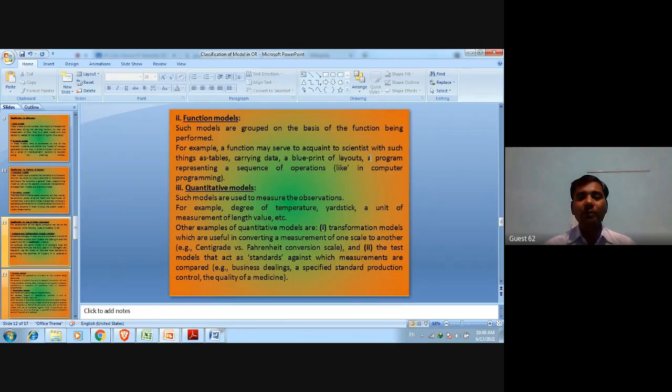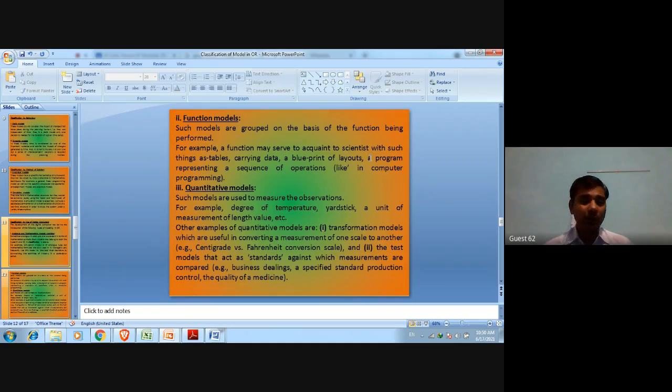It was the effort of many scientists, economists, sociologists, physicists, and biologists. So when models are grouped under one model according to the function they perform, we call these function models.